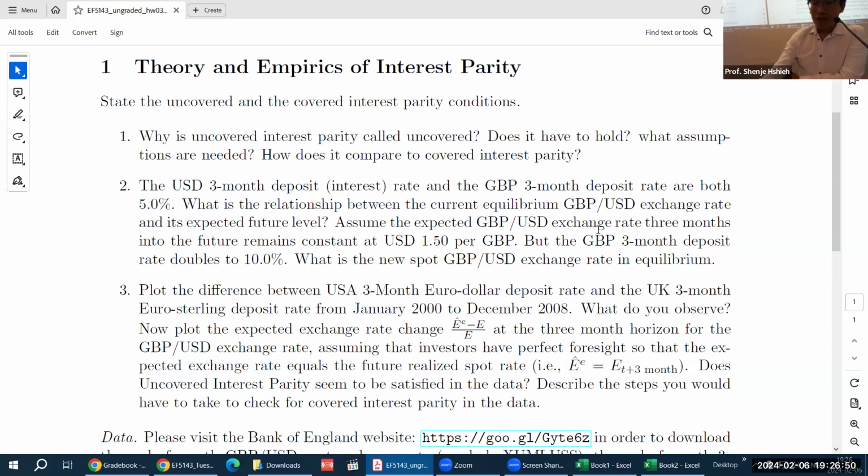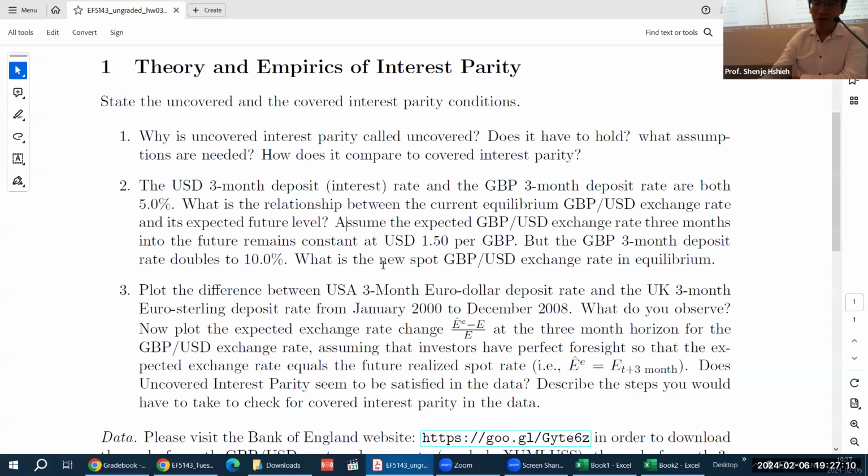Assume the expected exchange rate 3 months into the future remains constant at 1.5, okay? But the pound sterling 3-month deposit rate doubles to 10%. So now there is a differential in interest rates, and you know that the spot rate is expected to stay at 1.5.